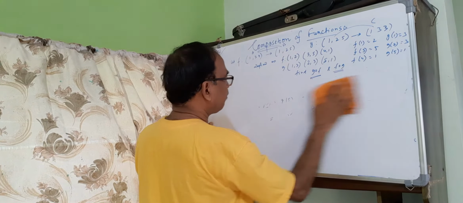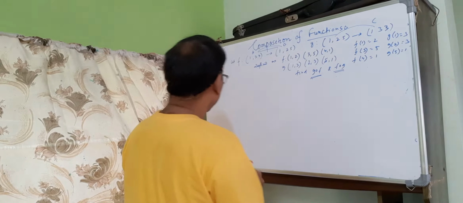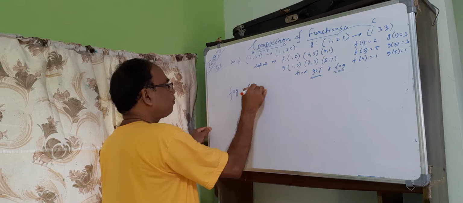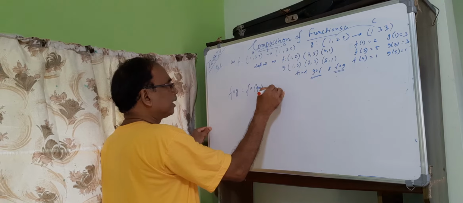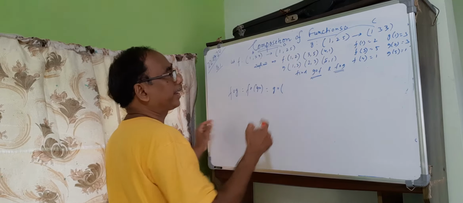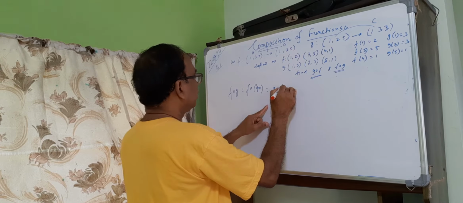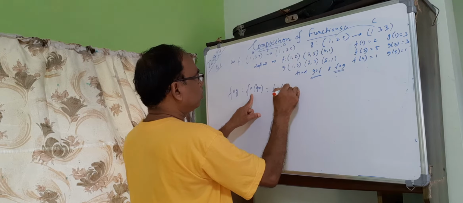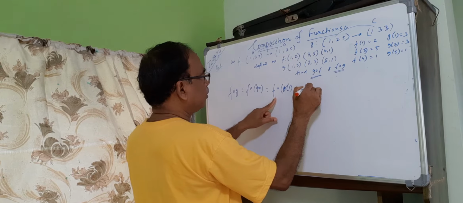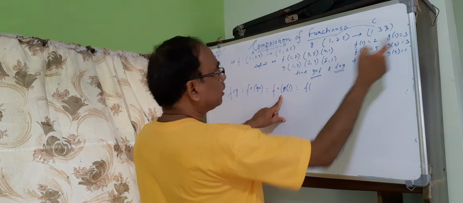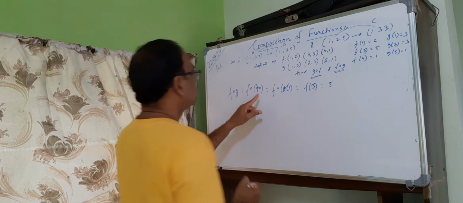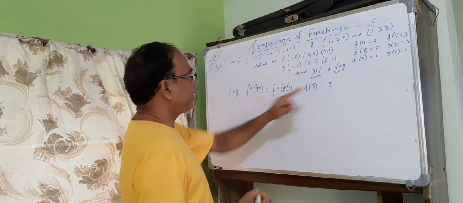Now let us take FOG. FOG equals F of G(x). What is G(1)? G(1) is 3. What is F(3)? That is 5. So the image of 1 is 5.